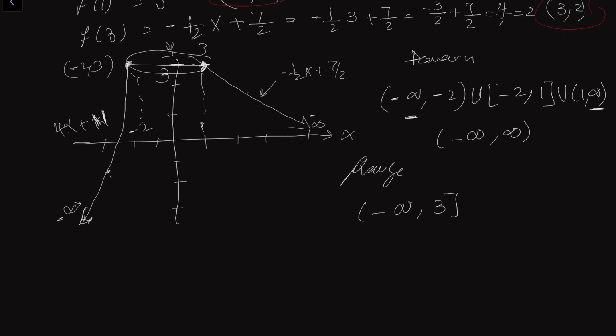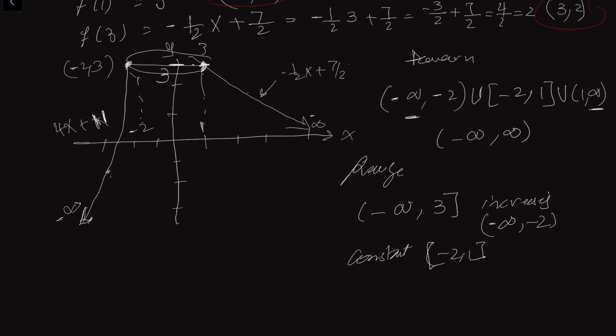And the function is increasing from -infinity to -2, and then constant from -2 to 1. It's like a flat line, right?